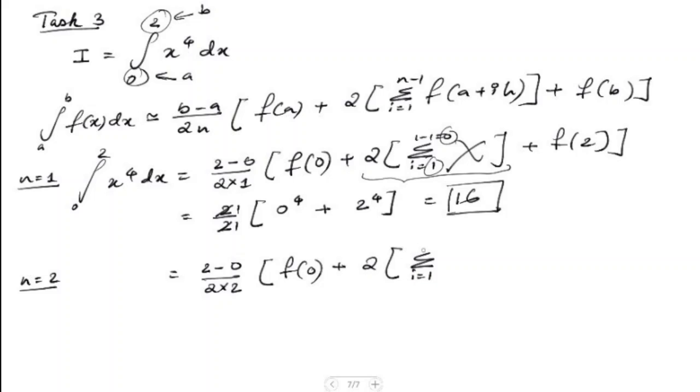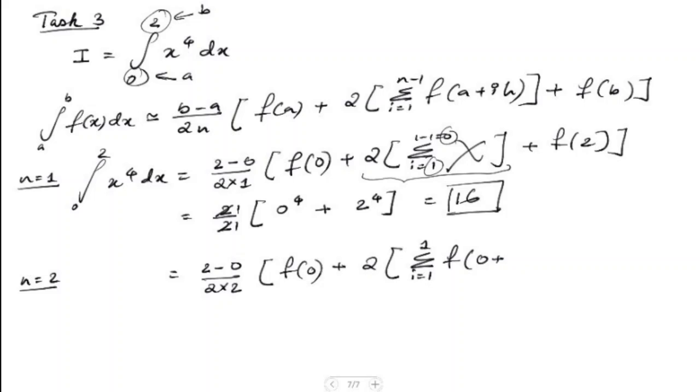So n is 2, 2 minus 1 is 1. And then we have f of a plus i, where a is 0 and i is 1. From 1 to 1 means we only do this one time. Maybe I should write it so you're not confused.